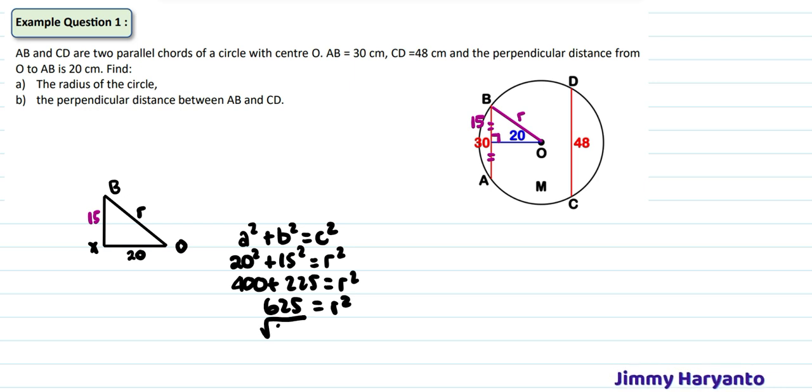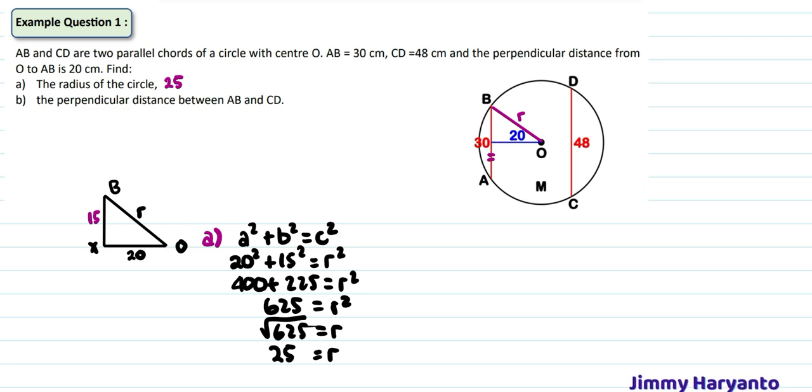That means square root of 625 equals to r. That means r equals 25 centimeters. That's it for question A. For question A, we have 25 centimeters as the radius.